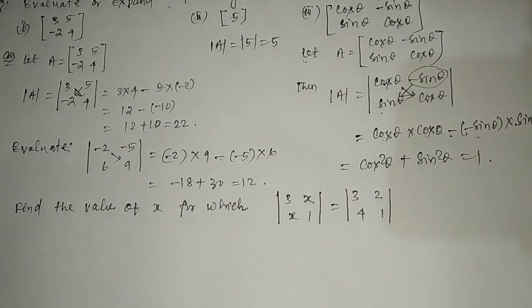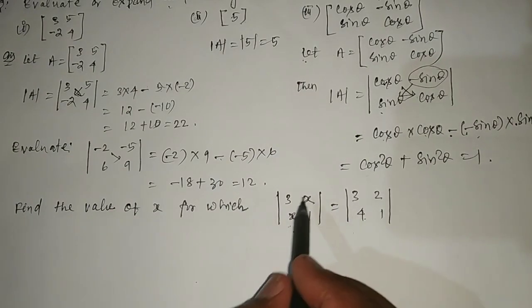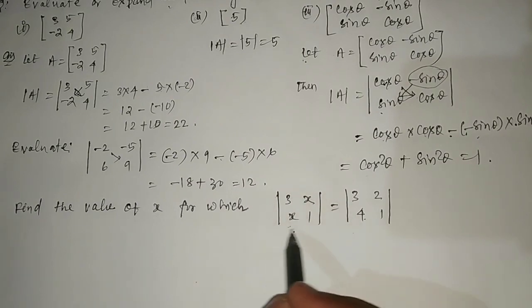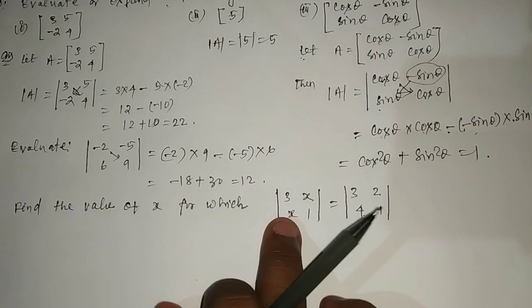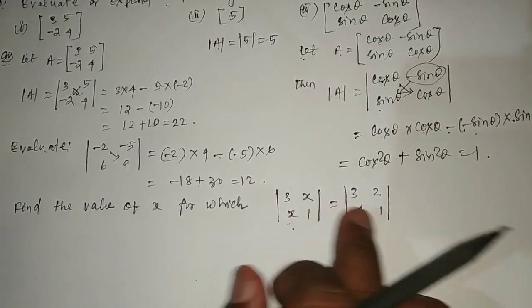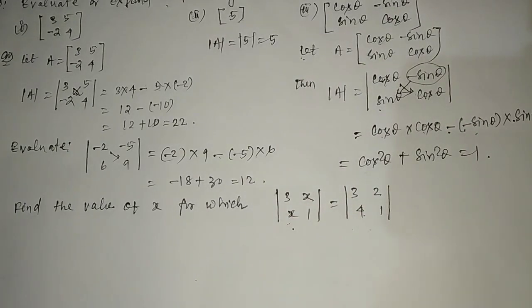In case of two equal matrices, we equated the corresponding elements, but here these two are determinants. That means we can evaluate this determinant. After that, evaluating this determinant and equating the values of the two determinants, we can find the value of x.